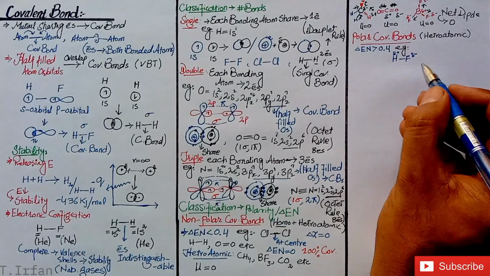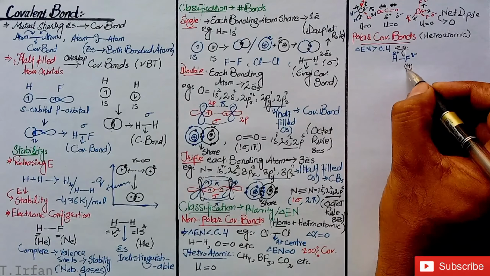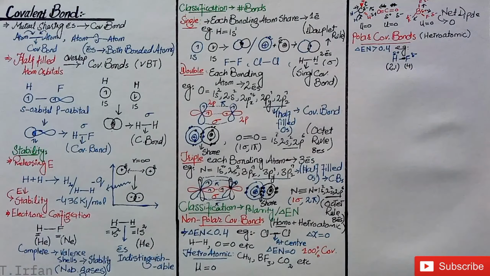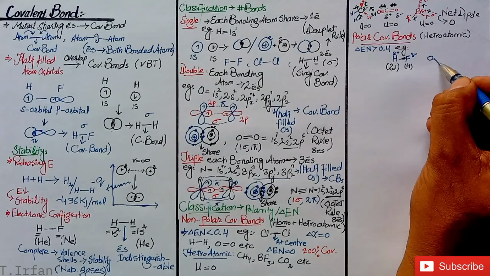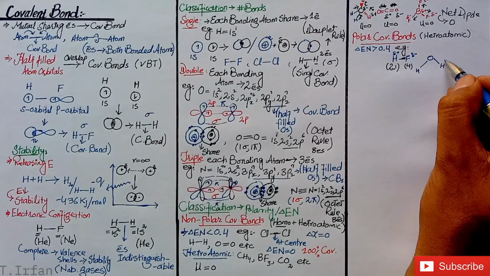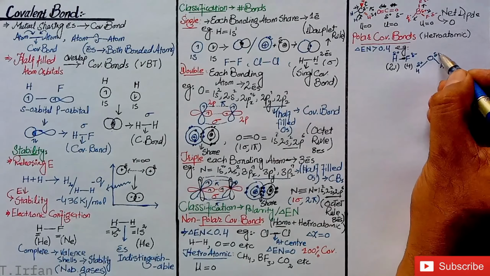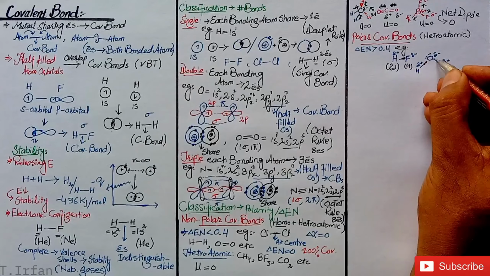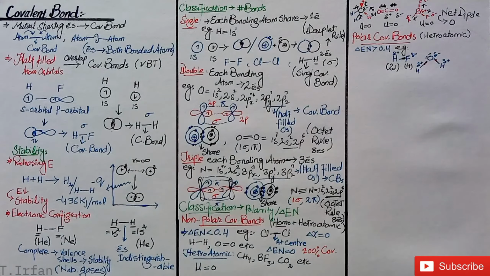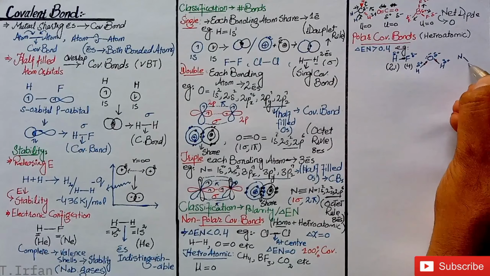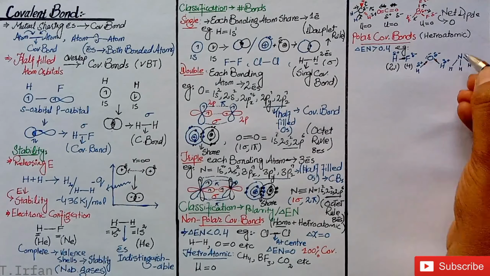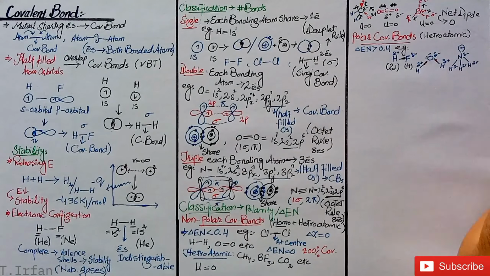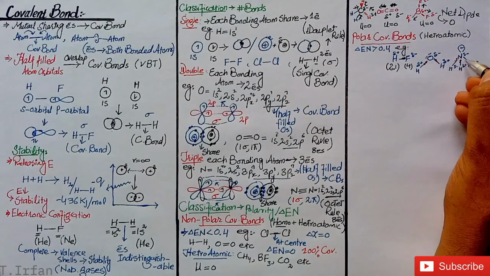For example, hydrofluoric acid, the bonds in the water molecule and in the ammonia molecule are polar covalent bonds as the atoms have different electronegativity, and here the electronegativity difference is greater than 0.4. So these bonds as well as molecules are considered polar, as these molecules have negative and positive poles.